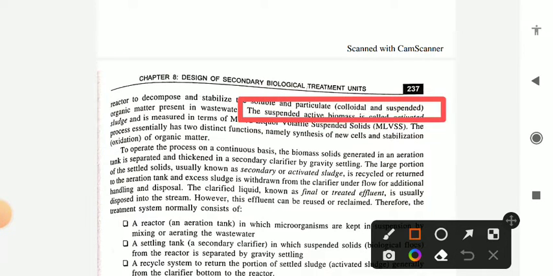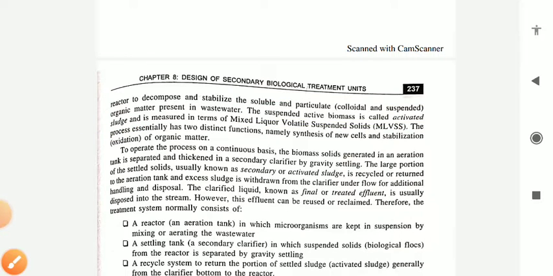Activated sludge is the suspended active biomass, and it is measured in terms of mixed liquor volatile suspended solids, which is abbreviated as MLVSS.